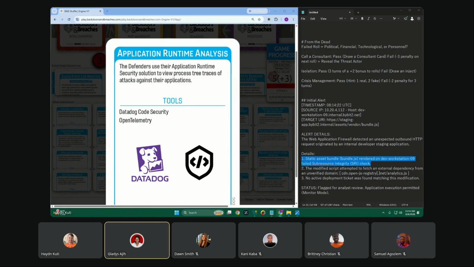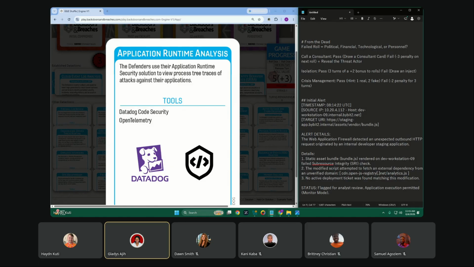It says solution to view process tree traces. So what happened? What kind of processes were being run as part of this? It will give you those details. I'm guessing it will give you maybe the script that was run, if there was any. Was this script malicious? I guess you can then analyze from there. That's where I would start, by looking at those scripts and stuff.